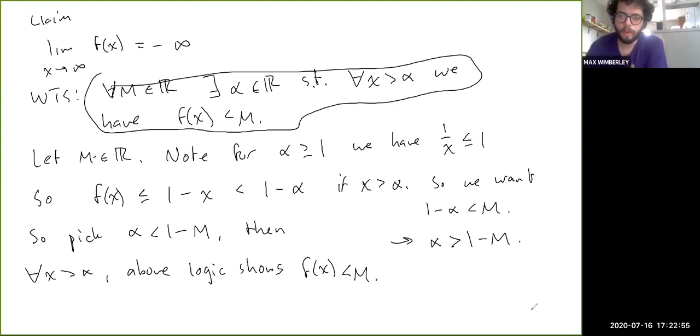Okay, so then for the second one, we were trying to show that the limit as x approaches 0 from above of f of x, we're going to claim, should be infinity, I think, because it's 1 over x minus x.